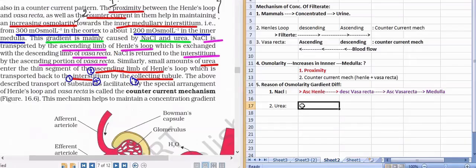Let's write: from the medulla to the ascending Henle's limb. From there it goes to the DCT, and without the DCT it cannot go to the collecting duct.